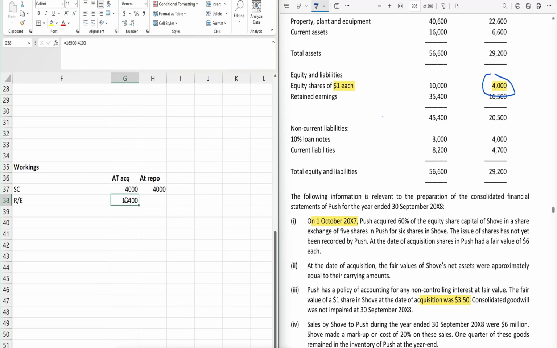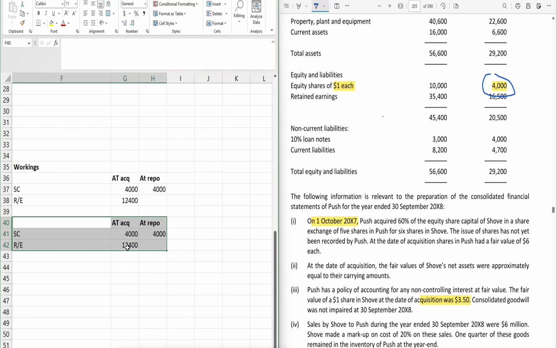So retained earning value is 16,500. But the trick is here. Just let me copy paste this here so I can explain in the easy way. Okay, so 16,500. All right, retained earning value is 16,500.